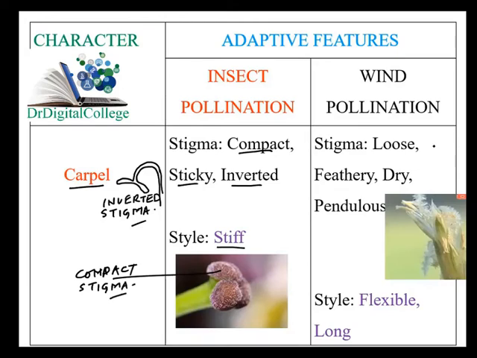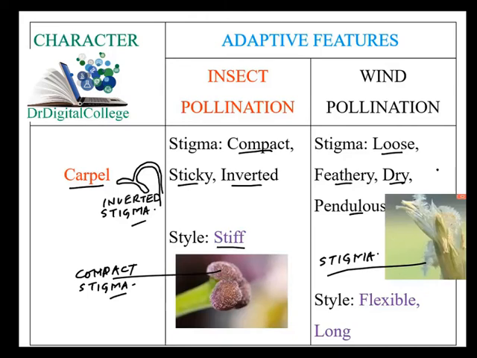Okay, on the other hand, wind pollinating flowers have a very loose, feathery, dry and pendulous stigma. Look at this. This is here the stigma. And you can see that this is very much feathery, like a very loose feather it is.